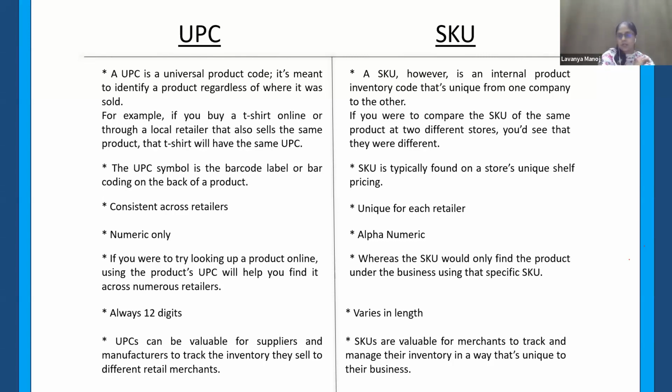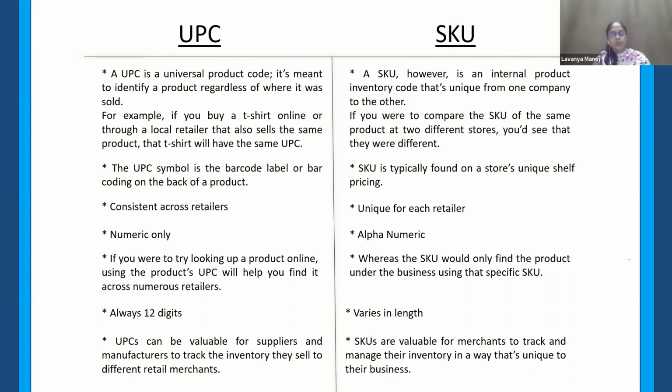The UPC doesn't change at all. Even the company who owns that UPC, if they want to make any change, has to contact GS1, because changing a UPC without informing GS1 is a criminal offense in the trade market. So that cannot be done.